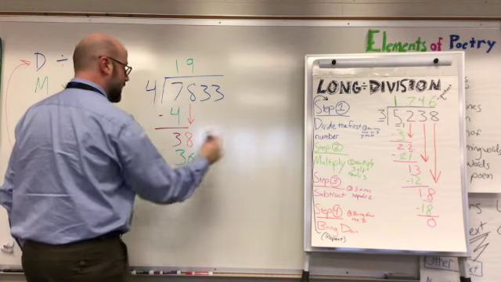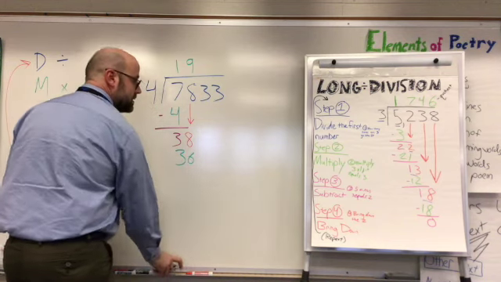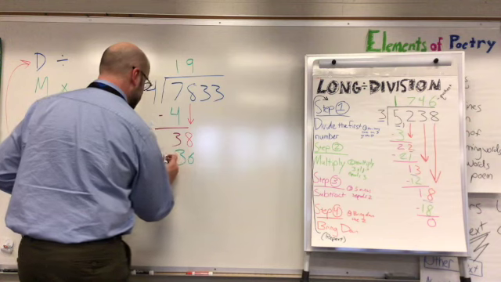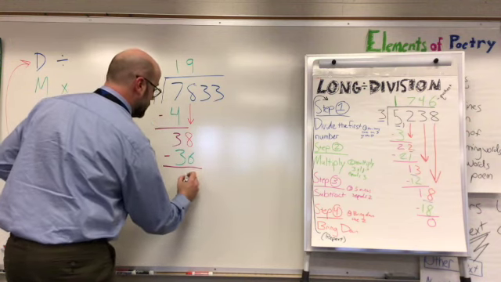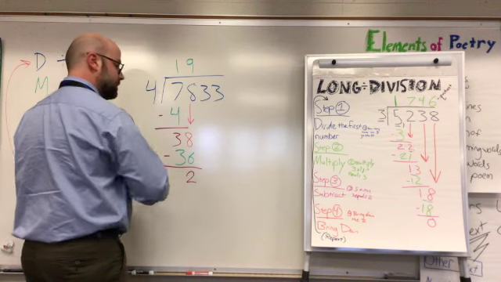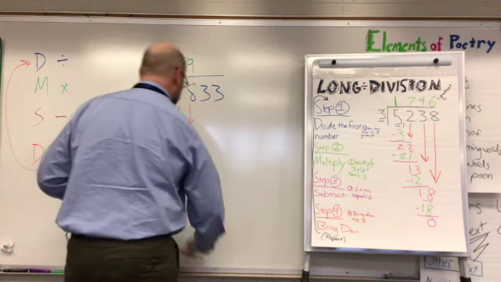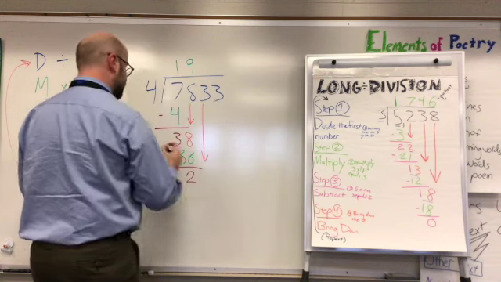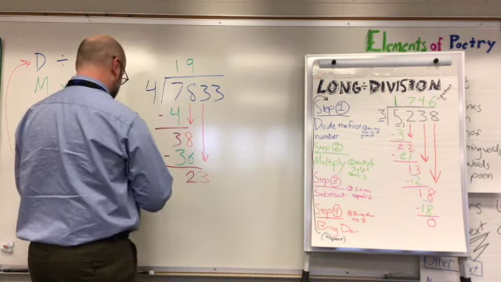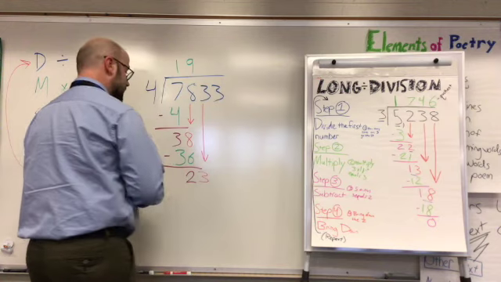Step 2, multiply. Step 3, subtract. 38 minus 36 is 2. Step 4, drop the next 3. How many times can 4 go into 23?